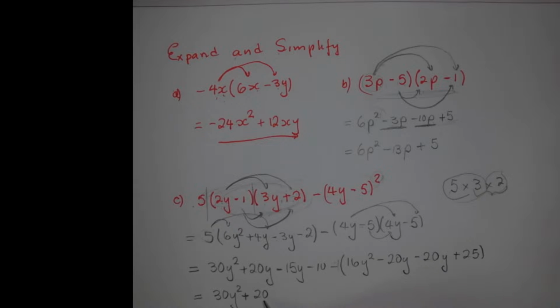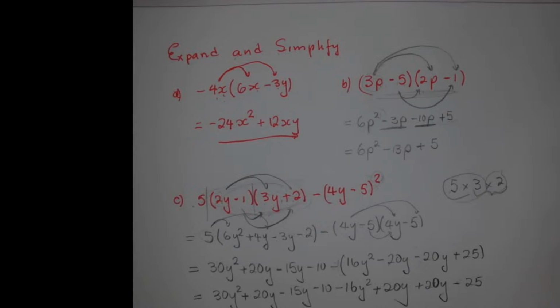Plus 20y minus 15y minus 10, and then this is minus 16y squared plus 20y. So remember, the minus becomes a plus another 20y, minus 25. And as you can see now, I've got an expression literally that is clean.